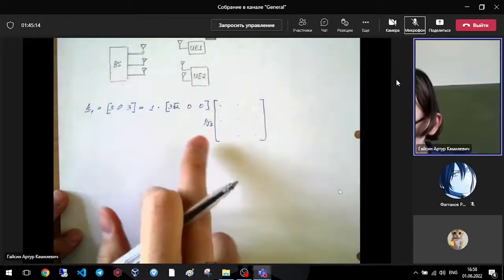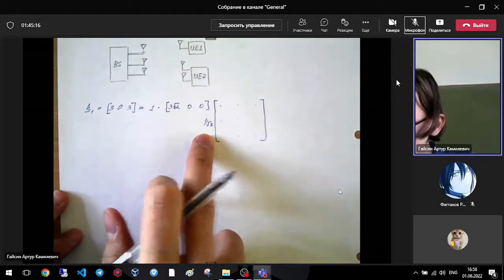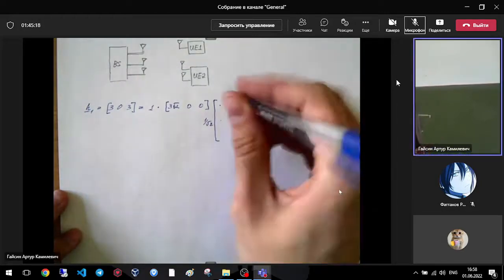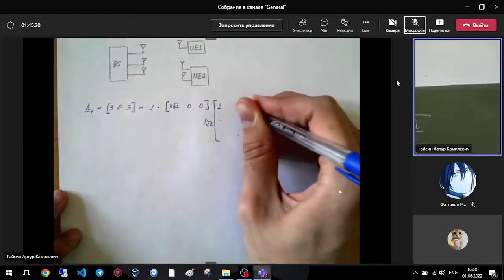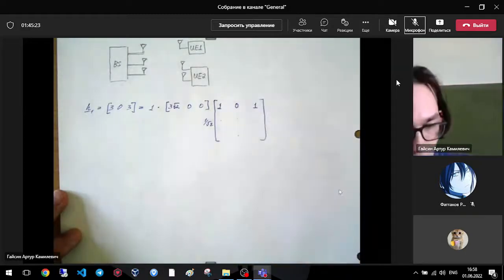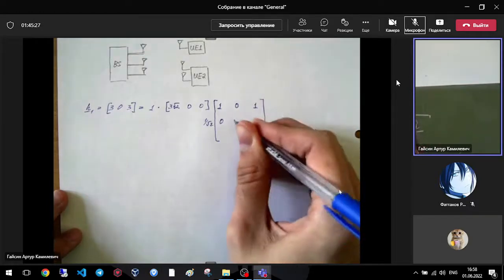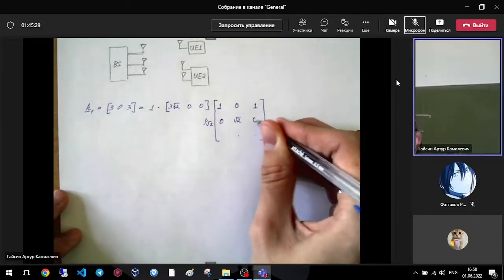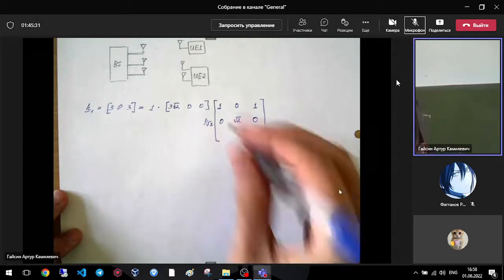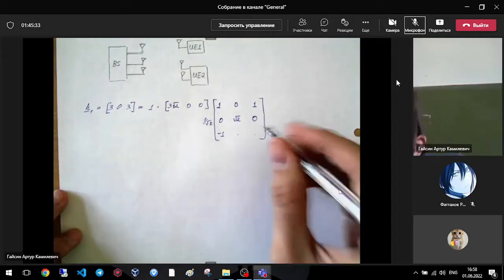So this matrix is 1 divided by square root of 2 times, here first row it's 1, 0, 1. Second row it is 0, square root of 2, 0. And the last one it is minus 1, 0, and 1.